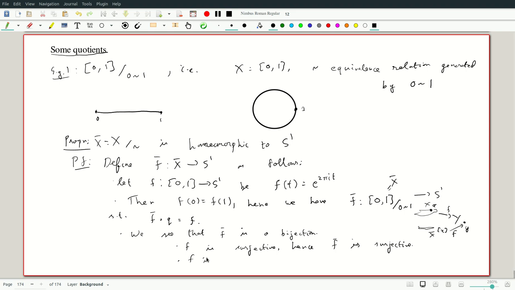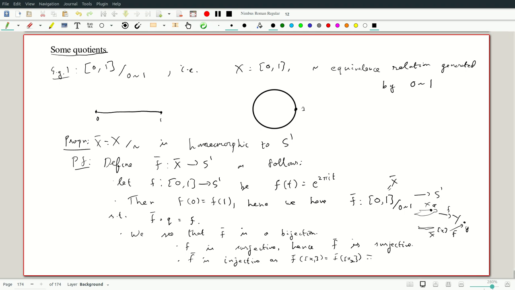Okay, f bar is injective. Sorry, f bar is injective as, if you have two quantities, f bar of x1 equals f bar of x2.